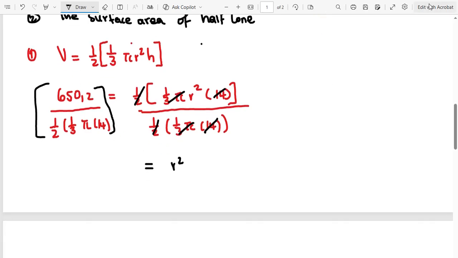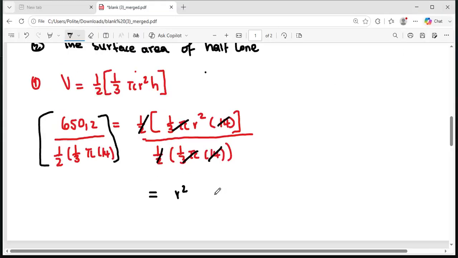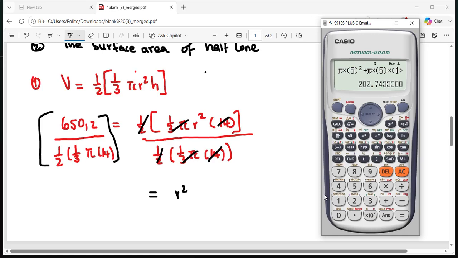Let's quickly do that and see what we get. Please make sure that when you put those numbers in your calculator, you don't make any mistakes. So this will be 1 over 2 into 1 over 3, multiply by shift pi, and then multiply by 14 and see what that equals to.